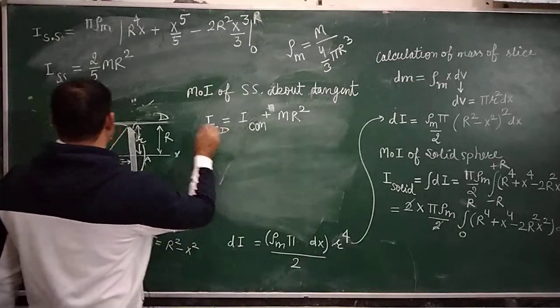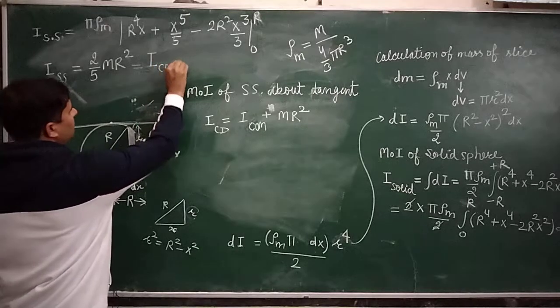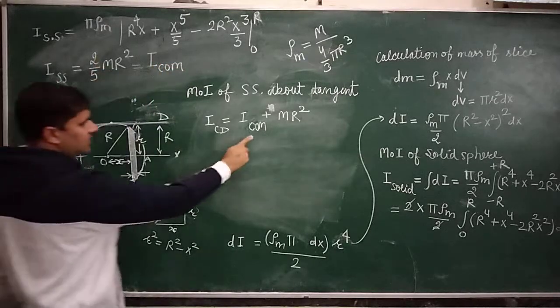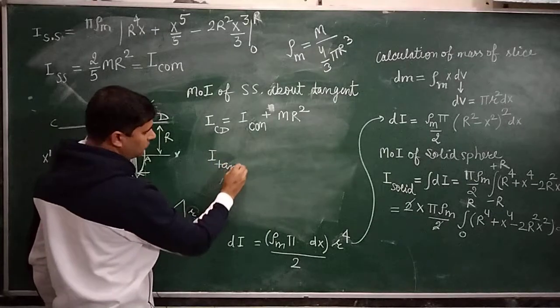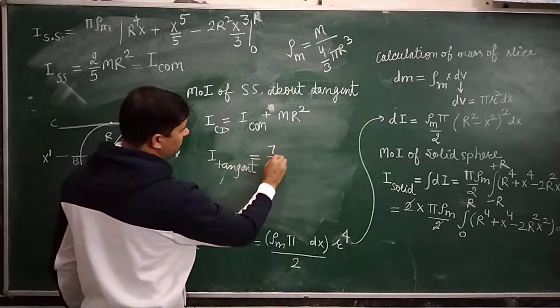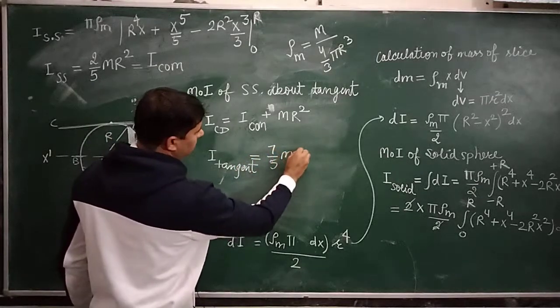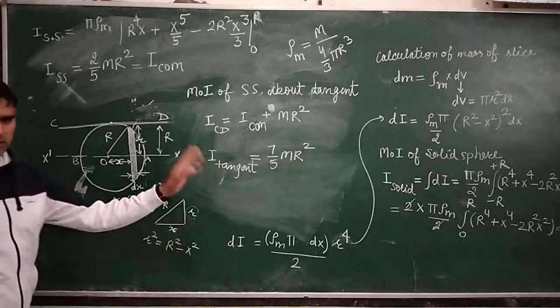If you substitute the value of the moment of inertia about the center of mass, that is 2 by 5 mr square here, then you will get the moment of inertia about an axis which is along the tangent. This will be 7 by 5 mr square. You put here 2 by 5 mr square, then you will get the result.